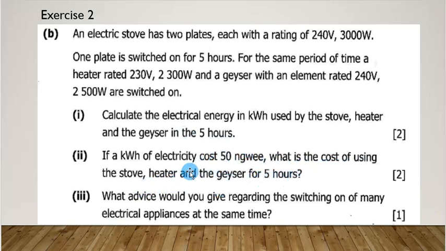You will do that because we have covered that in our lesson. 3, what advice would you give regarding the switching on of many electrical appliances at the same time? So after you have answered your question and looked at the cost, then what advice would you give regarding switching on many electrical appliances at the same time?